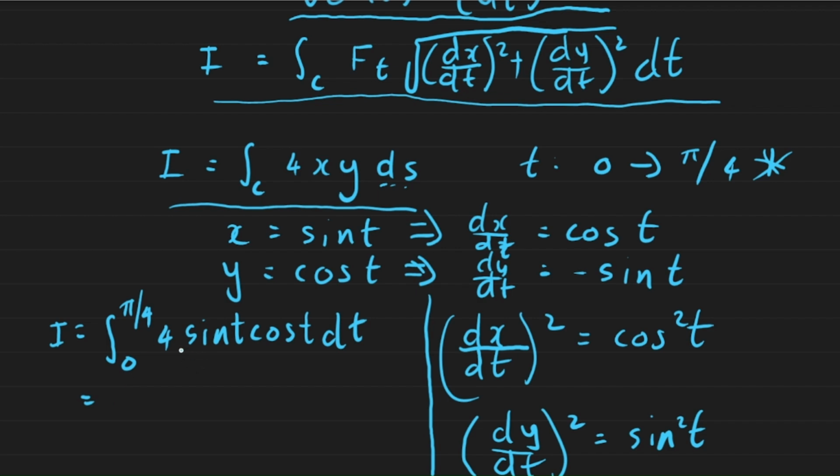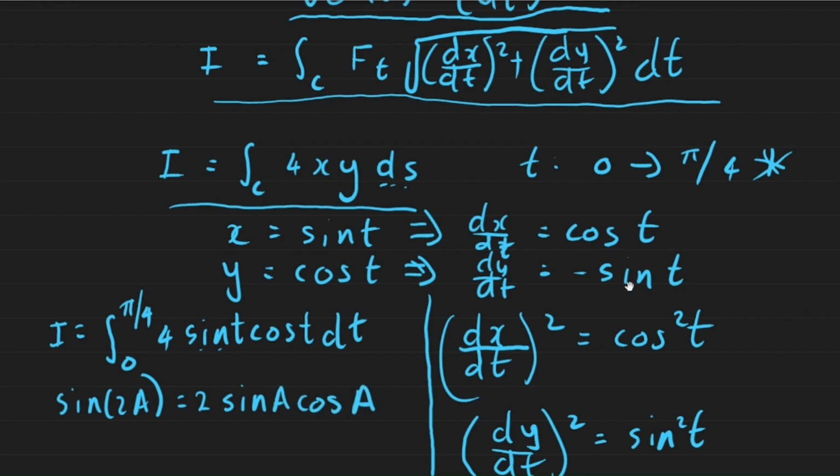If we look at this term inside the integral, we see that it very closely matches our trig identity. And that identity that we're talking about is that sine of 2a is equal to 2 sine a cos a.